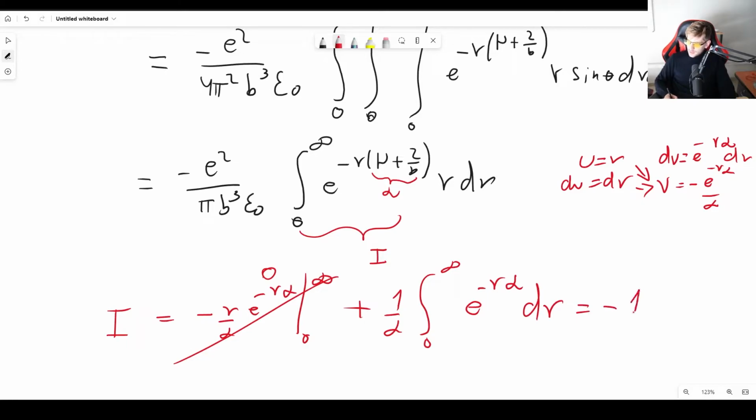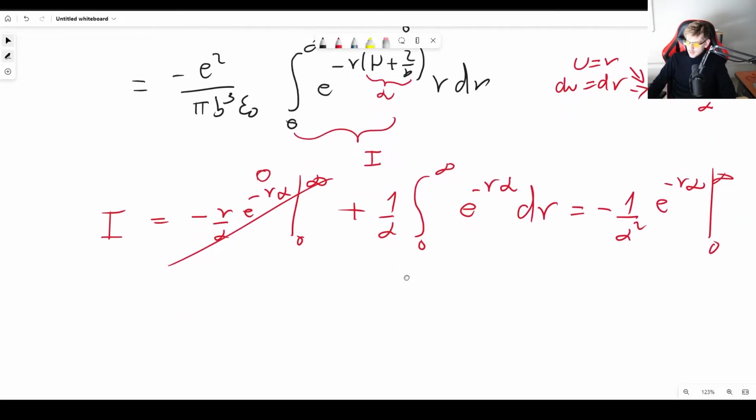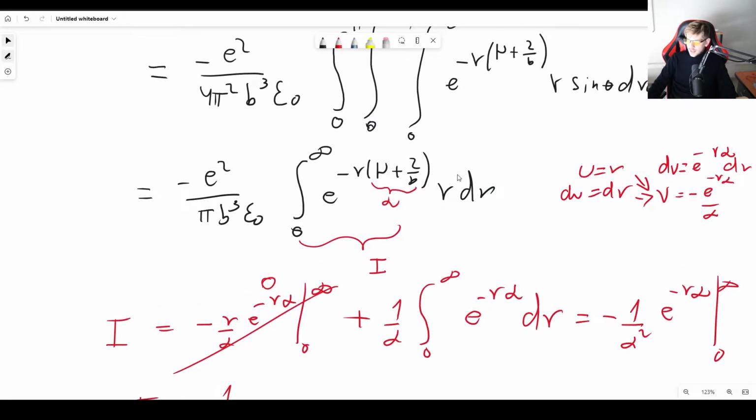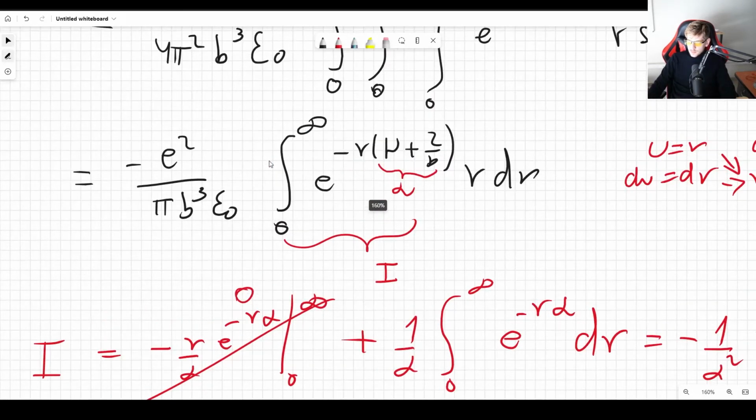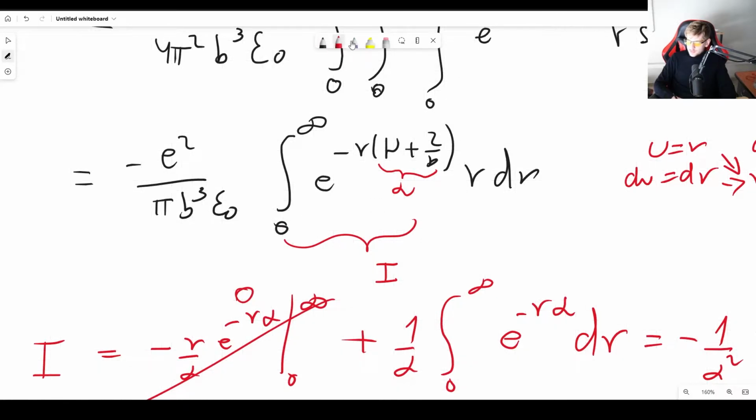We get minus 1 over alpha squared e to the minus r alpha between 0 and infinity. Of course, at infinity, it's going to be 0, so this integral will be only at 0. So we get a minus sign in front, so we get 1 over alpha squared. All right, I guess we could have done it using the formula as well. Well, whatever, we already did it. So plugging it back in.